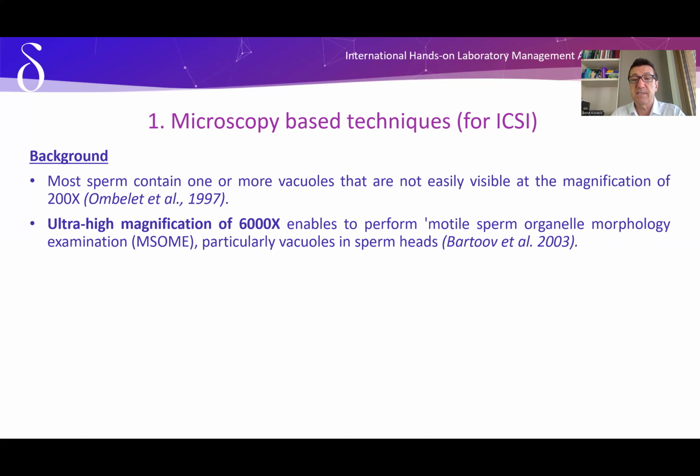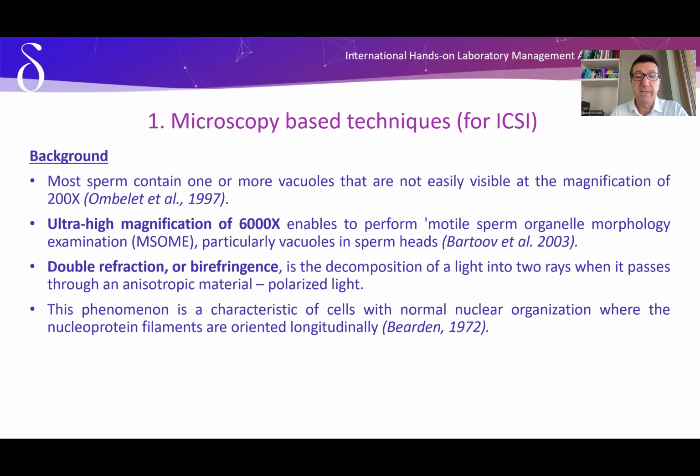And this was something that led the scientists to develop new methodologies by exploring ultra-high magnification of microscopes, at 6,000 times, that enables motile sperm organelle morphology examination with the aim to see the vacuoles in sperm heads.